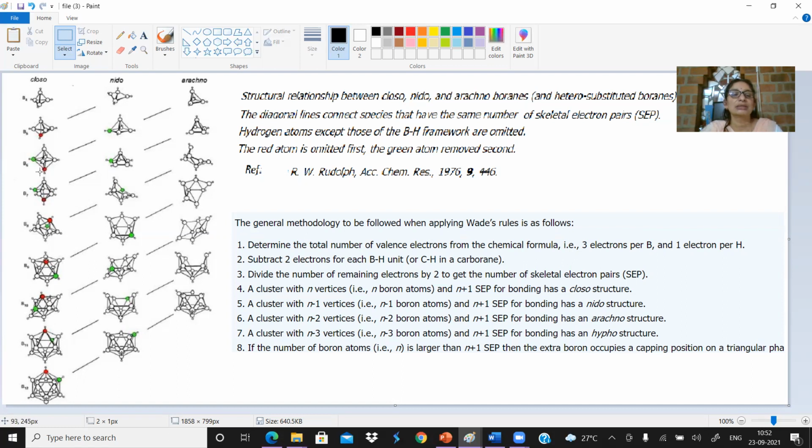The first atom being removed is the red one, and then the green one. So you can see the red one is removed and you have a structure like this, and when this green one is removed you have a structure like this. So this is all about Wade's rule, and how you can use it to find out whether the structure is nido, arachno, or closo. We will see further examples in the next video.